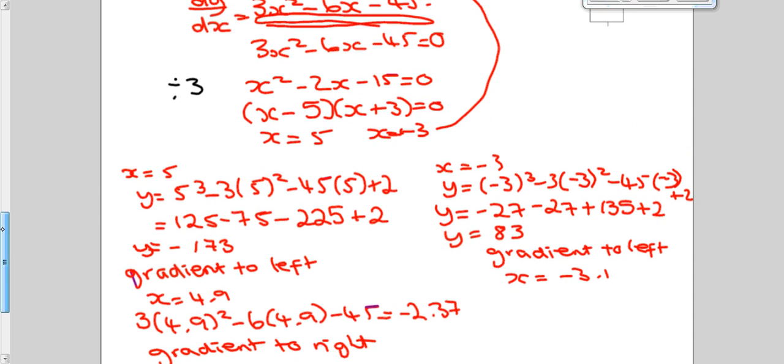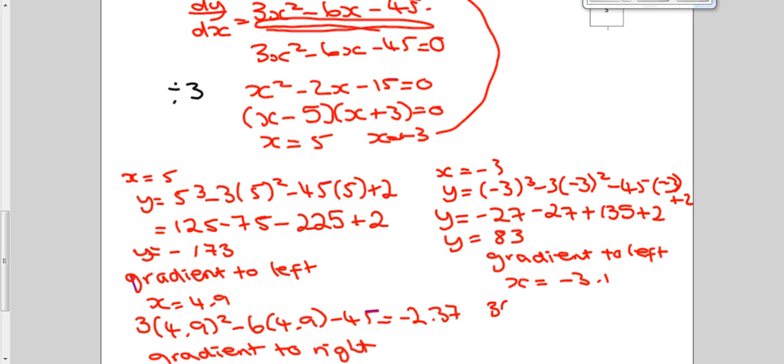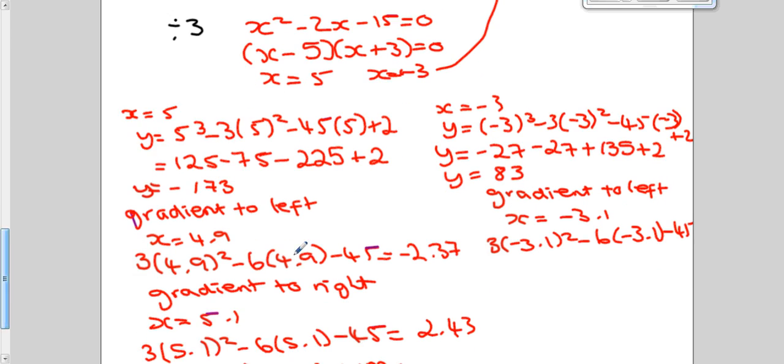We will have 3 lots of minus 3.1 squared minus 6 lots of minus 3.1 minus 45. So this comes out as 2.43.